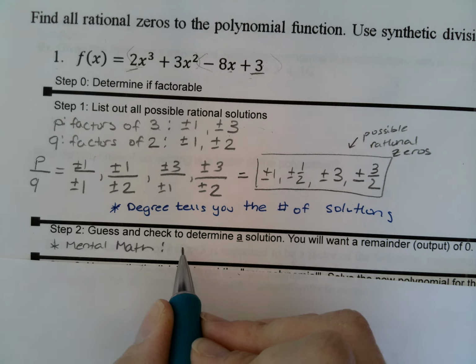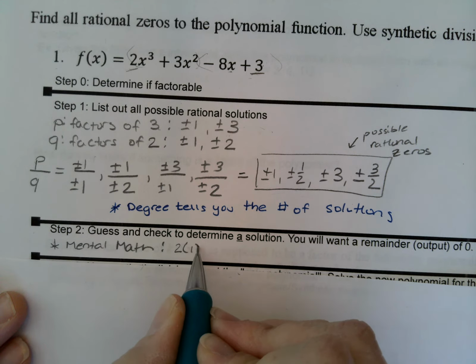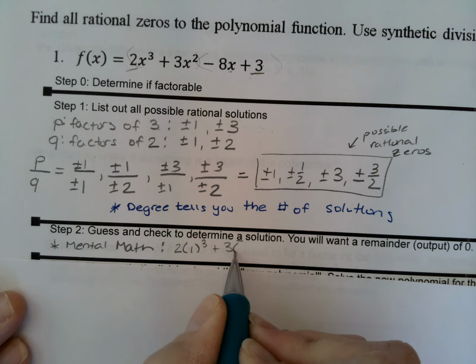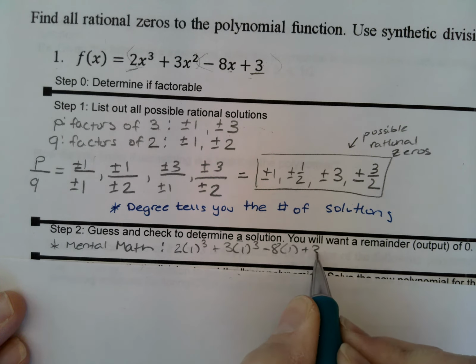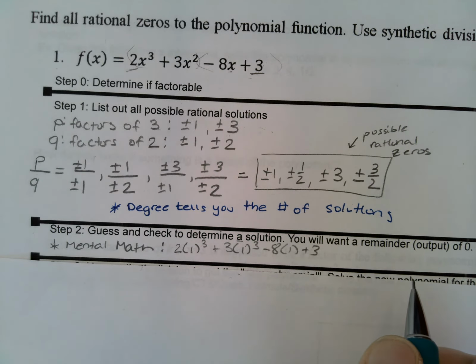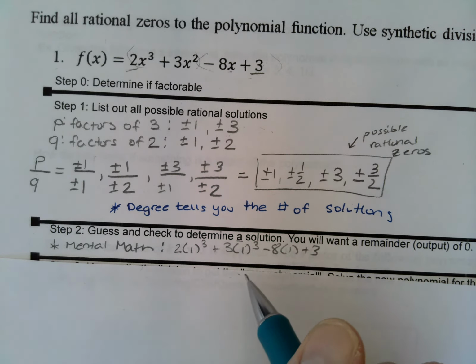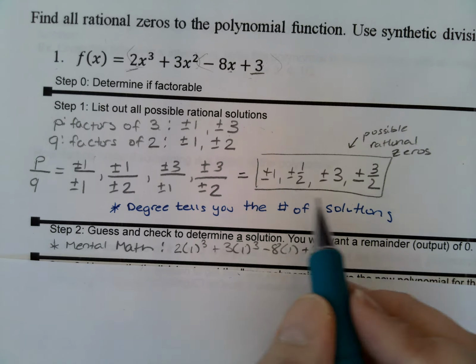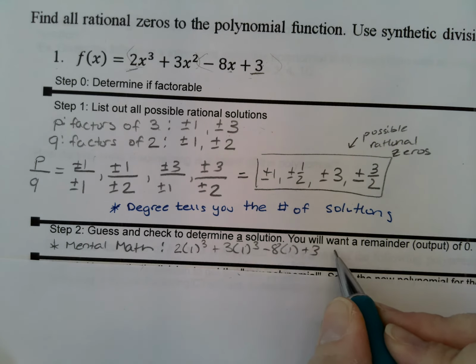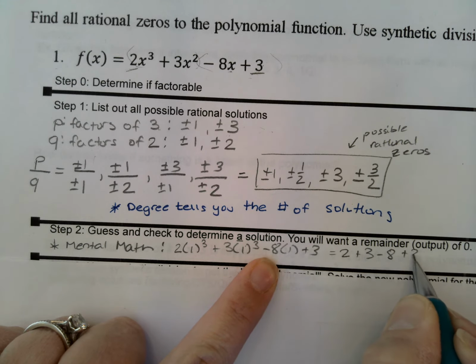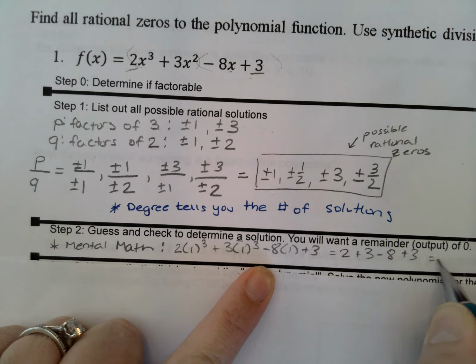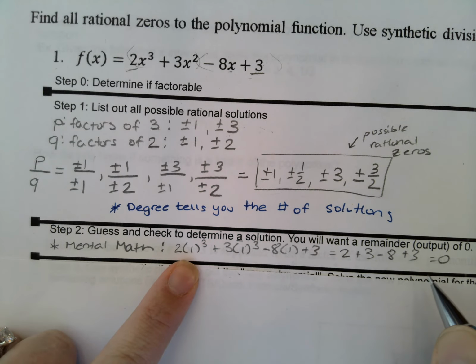I can, in my head, do 2 times 1 to the third plus 3 times 1 to the third minus 8 times 1 plus 3. Because remember, synthetic is the same thing as normal direct substitution. So this will save me some time. I know that that's going to be 2. That's going to be plus 3 minus 8 plus 3. Well, what do you know? That equals 0. So that means I know x equals 1 is going to work.